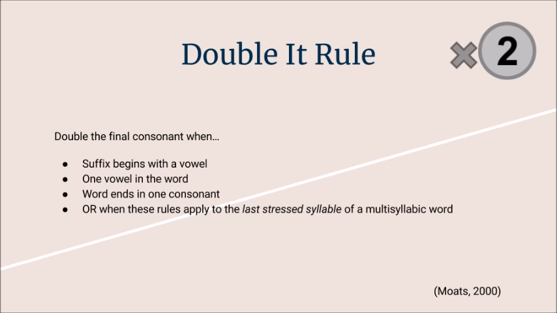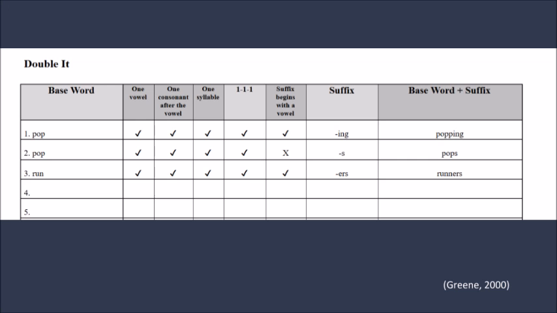Now we have the double it rule, which says to double the final consonant when the suffix begins with a vowel, one vowel is in the word, and the word ends in one consonant. Or you can double it if the rule applies to the last stressed syllable in a multisyllabic word. Here's a chart students can use for the double it rule.